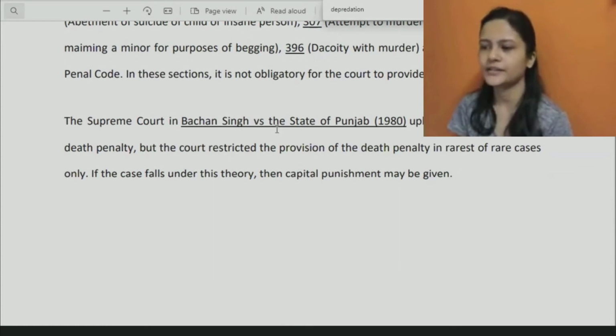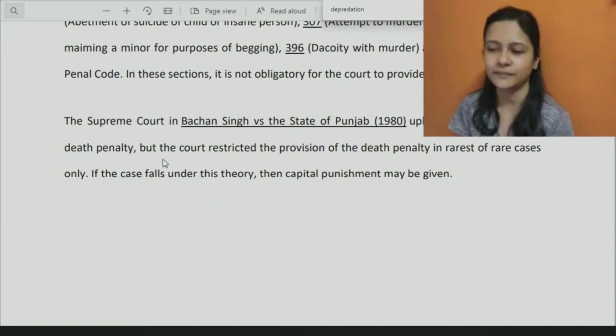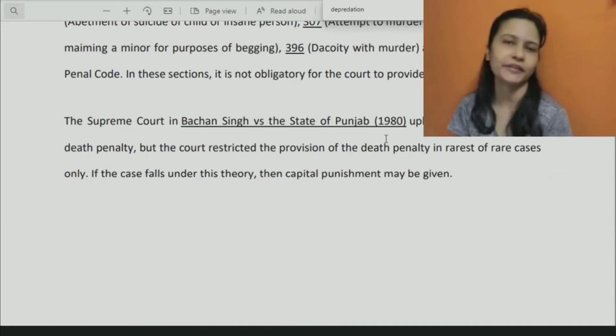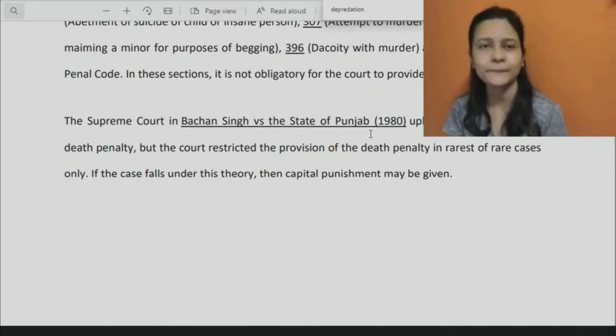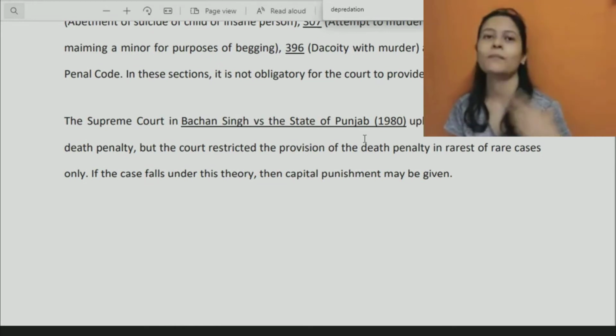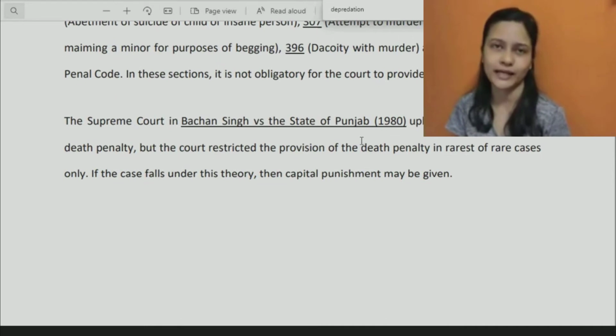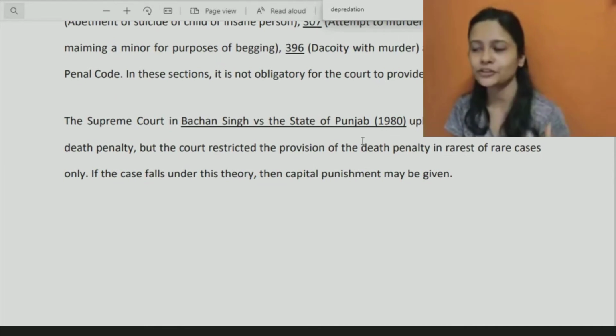So another case is Bachan Singh versus State of Punjab. It is again a case of 1980 that upheld the validity of death penalty, but the court restricted the provision of death penalty. The court basically said that under Article 21, the Constitution clearly says that right to life may be taken away by a procedure established by law. But this should be used only in the rarest of rare cases.